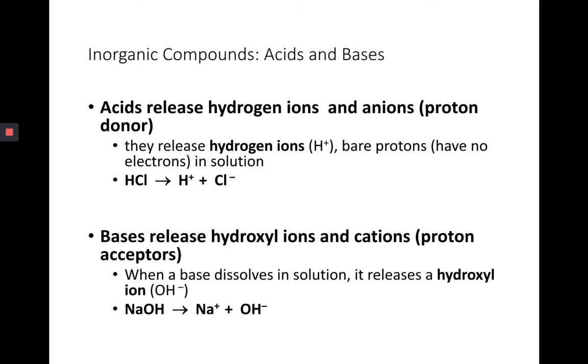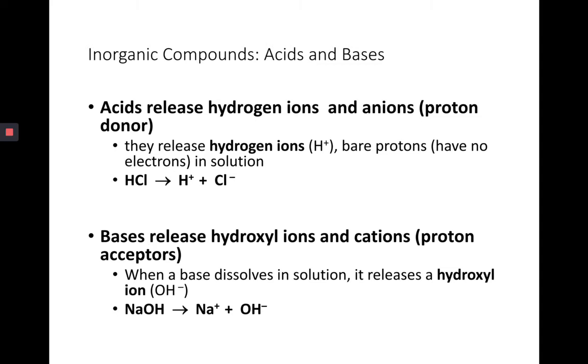Then bases do the opposite. They're going to release a cation plus a hydroxide, or sometimes it's called a hydroxyl ion. And here we have sodium hydroxide as a strong base, and when it dissociates or its two parts separate, we see sodium as the cation and OH negative as the hydroxyl or hydroxide ion.